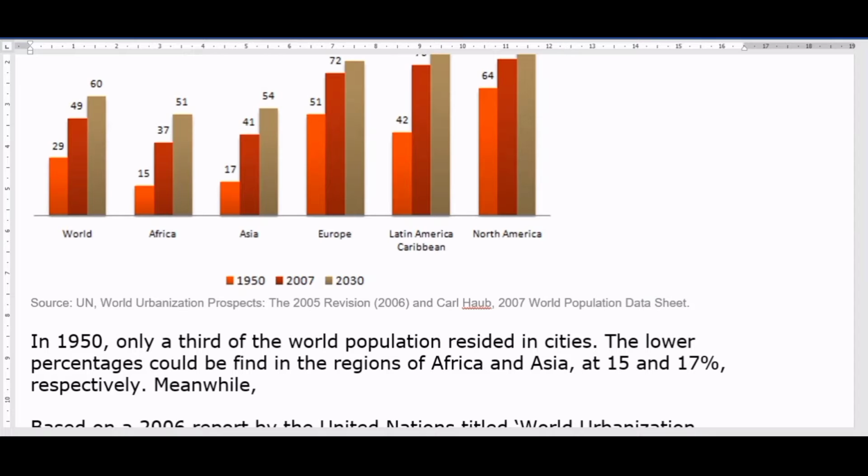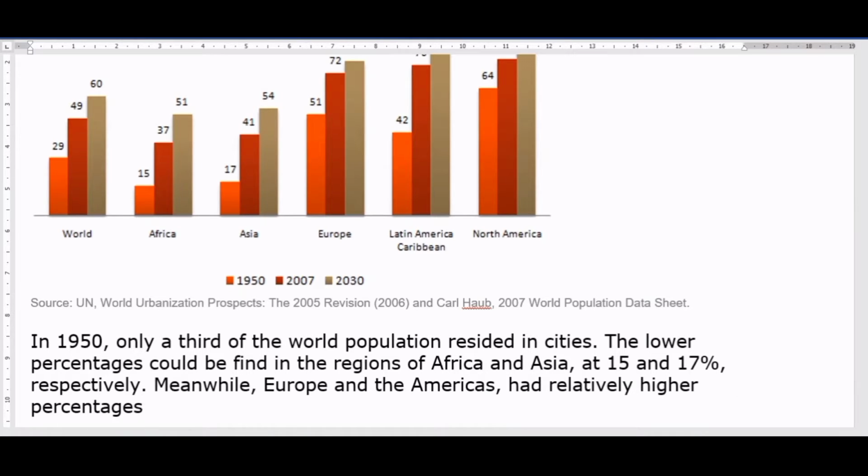Meanwhile, Europe and the Americas had relatively higher percentages at a range of 42 to 64% of the population. Alright, so we're done with the 1950 figures.